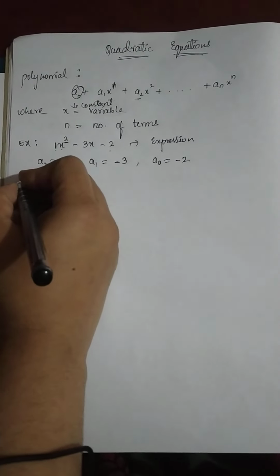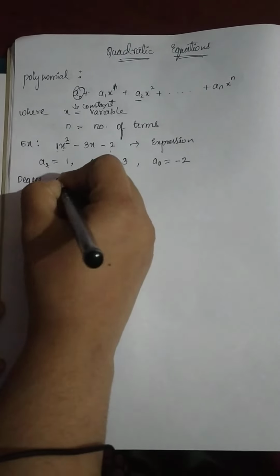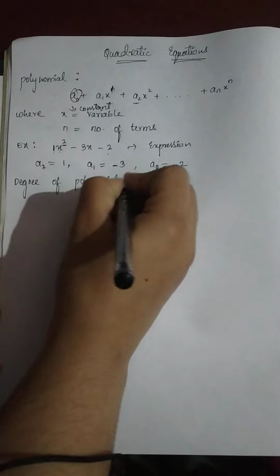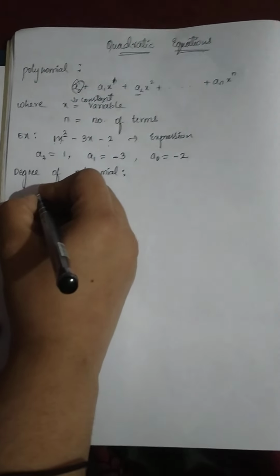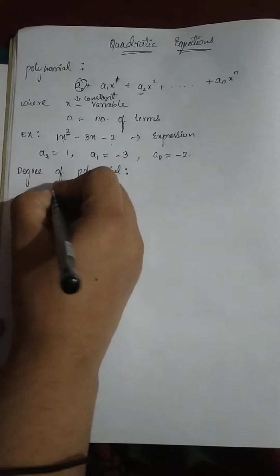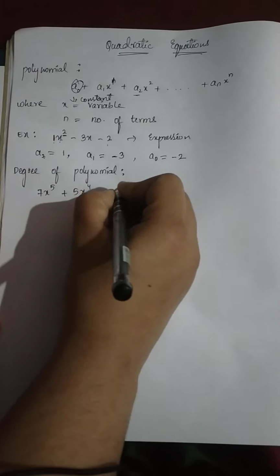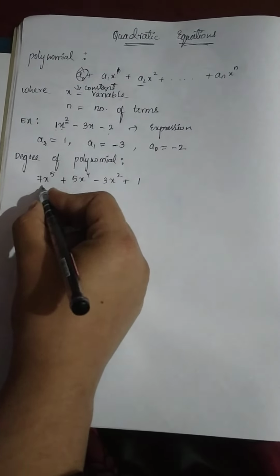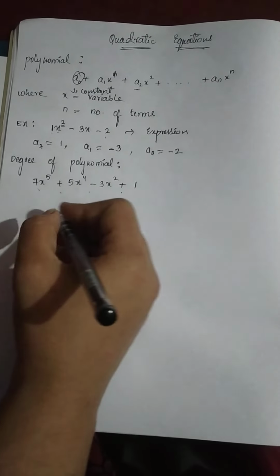Then next comes the degree of the polynomial. Degree of polynomial means the highest power associated with the variable, like here the expression is 7x power 5 plus 5x power 4 minus 3x square plus 1.